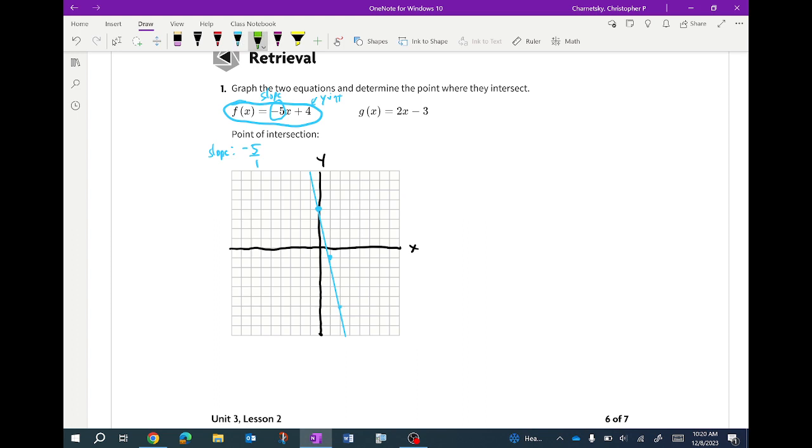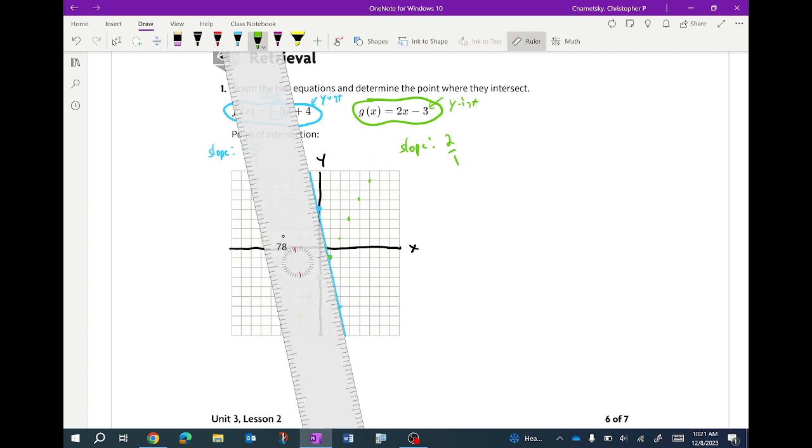For g of x, I'm going to use a green line here. This has a y-intercept of -3. So I go down to -3, plot that point. The slope of that line is a positive 2/1, so this one goes up 2/1, up 2/1, up 2/1, up 2/1, up 2/1.